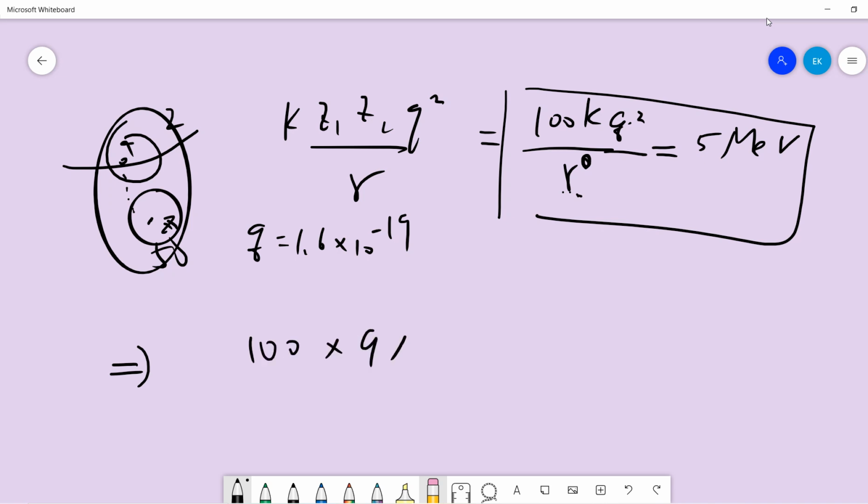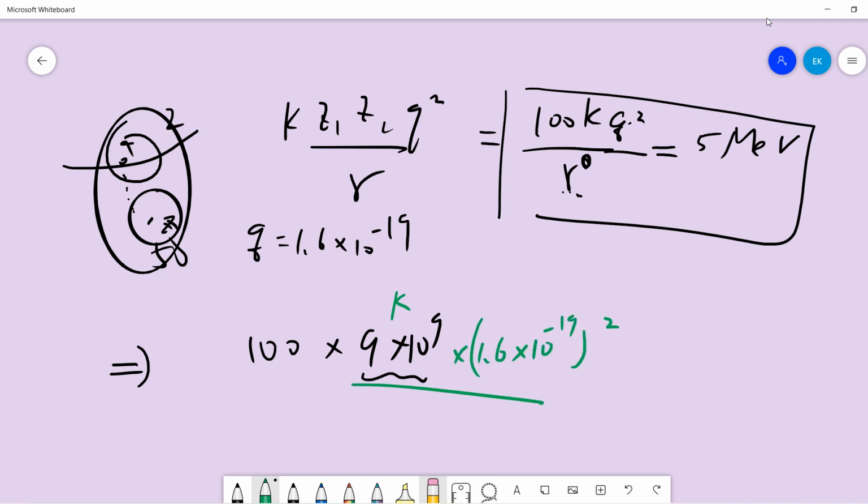So we have this is k, and then we have this squared divided by R equals 5 times 10 to the 6 times 1.6 times 10 to the negative 19.